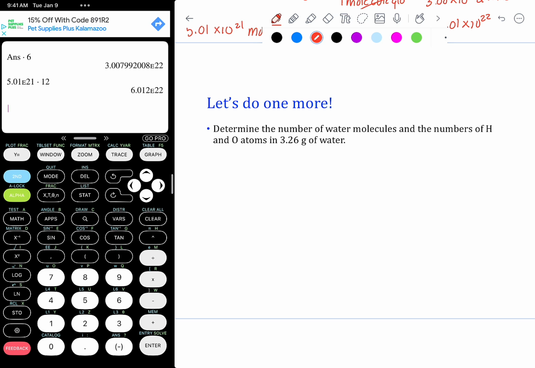This is exactly what we did in our previous problem. We want to first find molecules of water and then use that to find the individual atoms of hydrogen and oxygen in water, remembering that our water formula is H2O. Take a second, pause the video, and try out this problem.